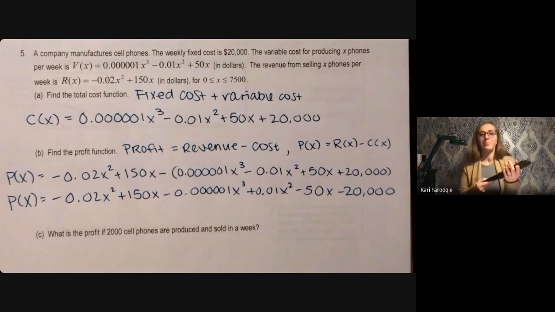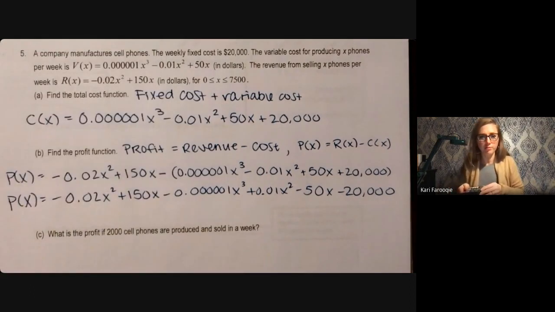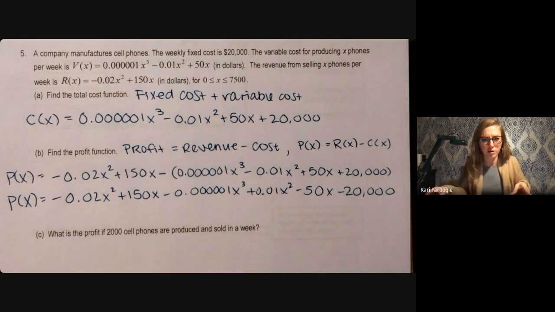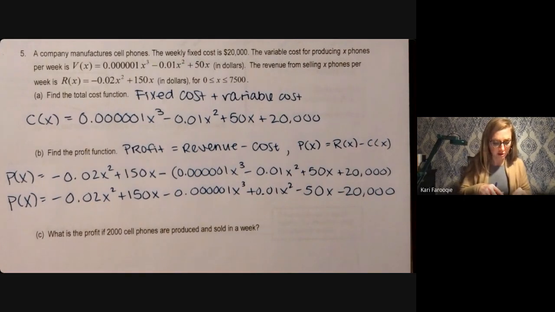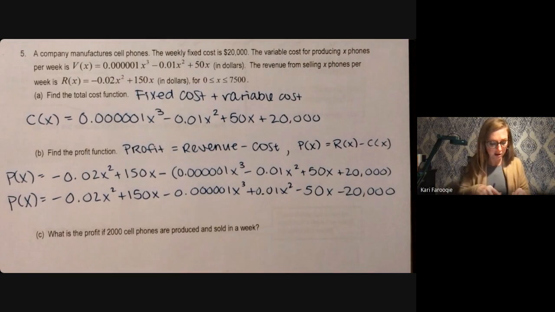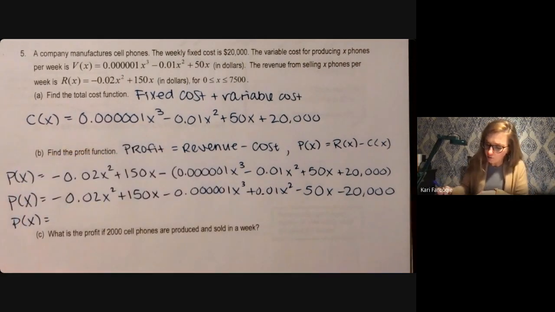Right. We're good. Actually, I don't really need to put much into my calculator. I only need to combine like terms. So there's not really a whole lot to do here. I'm going to take the negative 0.02 for the x squareds, and add 0.01 to that to get negative 0.01. So we'll combine those terms. There's nothing to combine for x cubed.